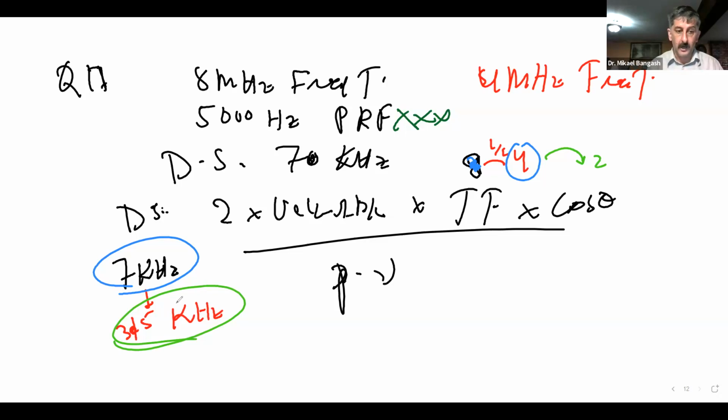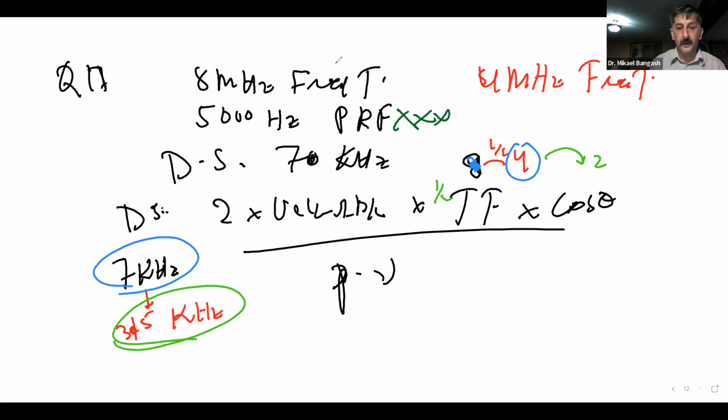Here they want you to give a value, not really calculate, but guess it from the equation. Essentially we halved the frequency of the transducer, so the Doppler shift is going to halve. Clear?